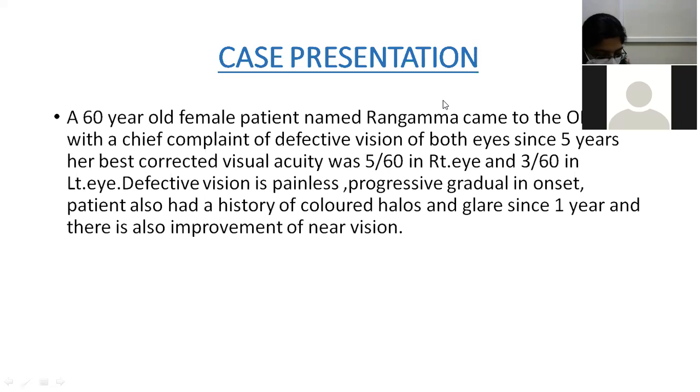We will see the depth of the anterior chamber. The normal depth of the anterior chamber in the center is 2.5 millimeters. In the periphery, is it the same or different?